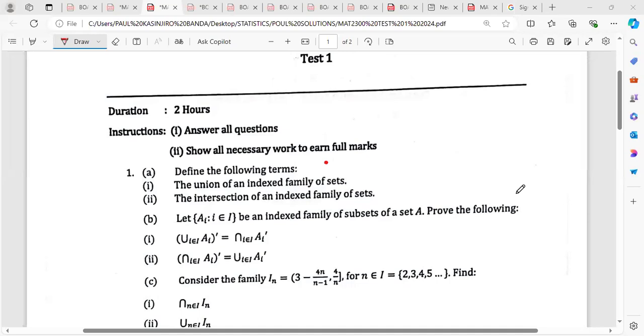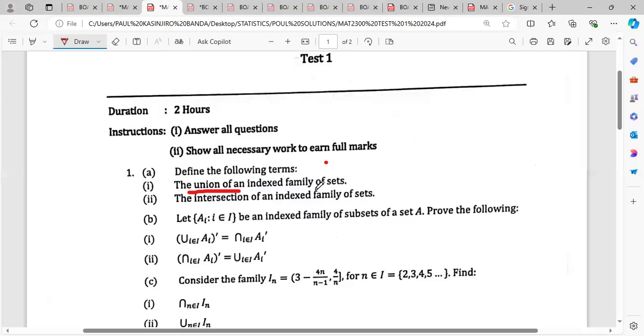Okay, so we have the following questions on question 1. They're saying define the following terms: the union of an indexed family of sets, then the intersection of an indexed family of sets. Before you even define the union of an indexed family of sets, you have to know what an indexed family of sets is.